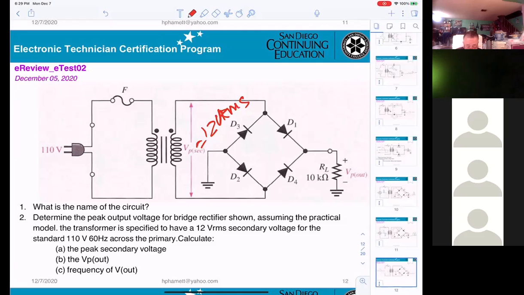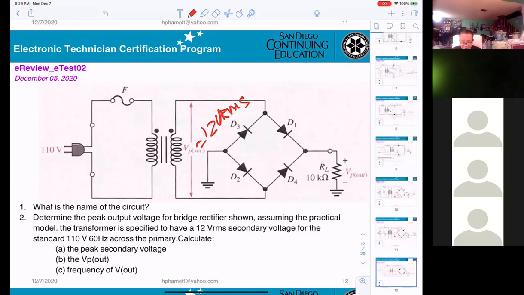And the frequency, they will double it. So the frequency is 120? First thing, you convert the 12 volts RMS into VP.